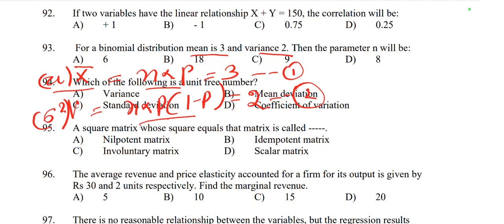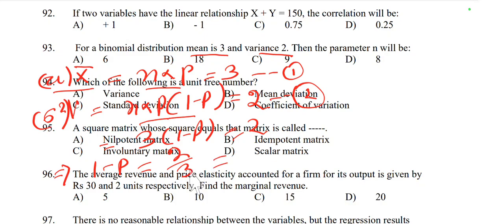Now we substitute n into p from equation 1 into equation 2, so 3 into 1 minus p is equal to 2. So 1 minus p is equal to 2 by 3.